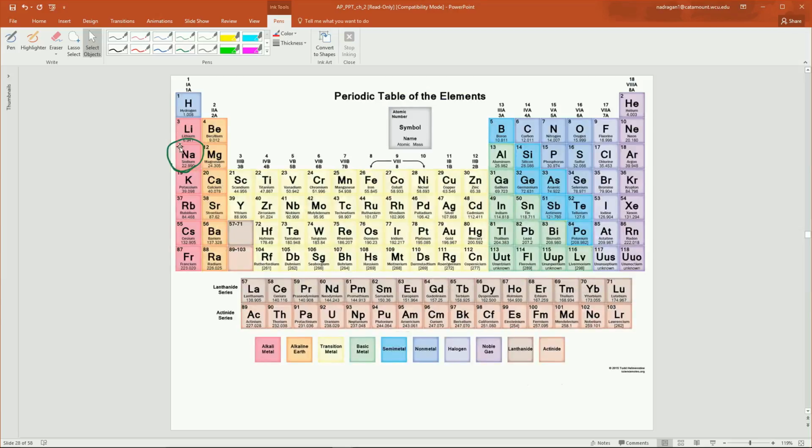We get the atomic number and the mass number from the periodic table. Here I've circled sodium. The atomic number is 11 and the mass number is 23. They just rounded that number up since it's 22.99.